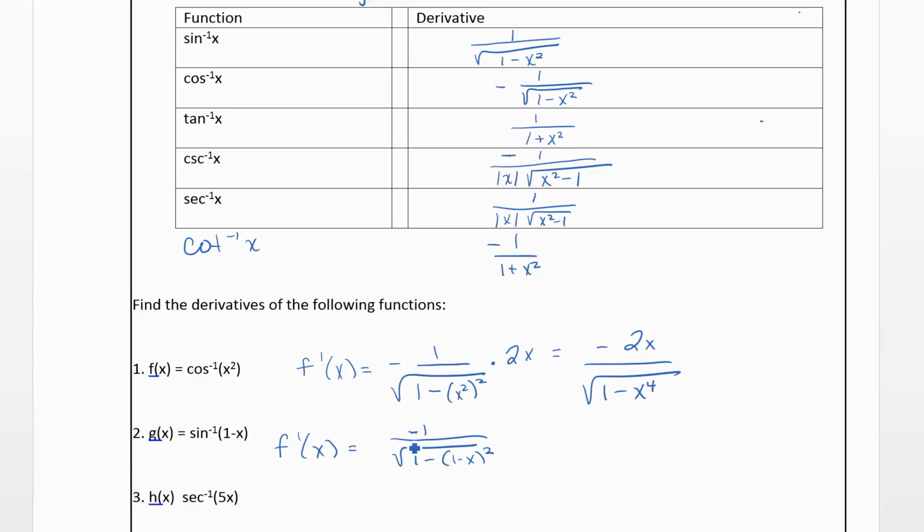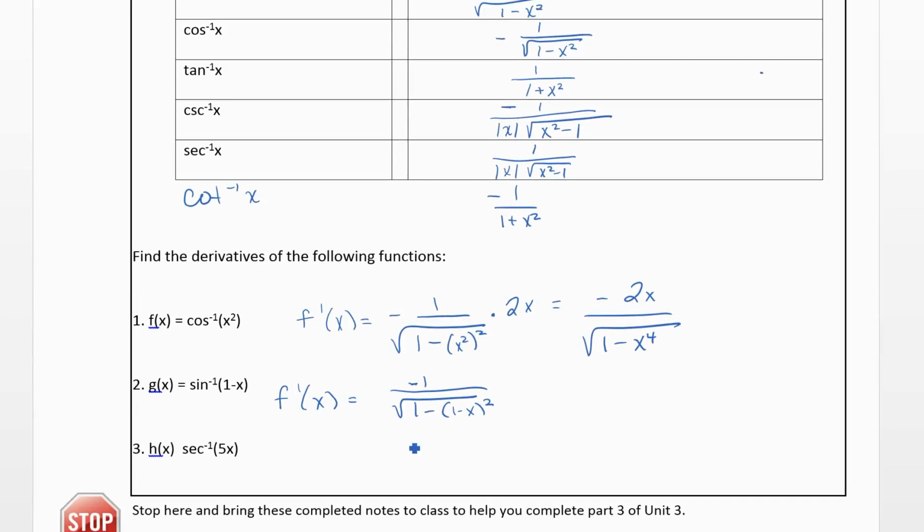And then our last one here, we have secant inverse of 5x, so we're going to plug 5x into the derivative for secant inverse. So we'd have 1 over the absolute value of 5x times the square root of 25x squared minus 1.